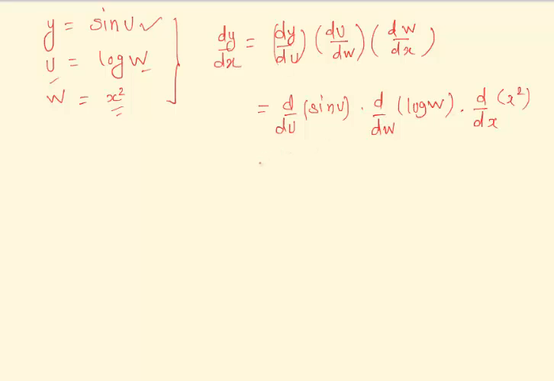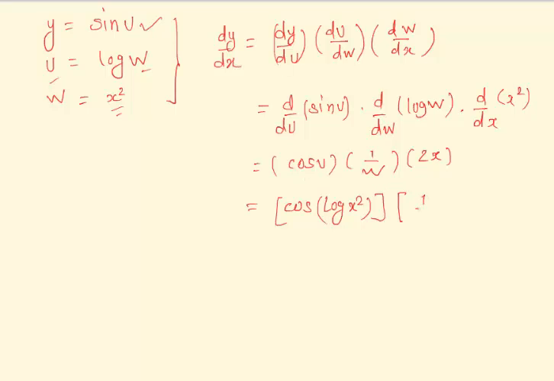So the differentiation will give you cos u, first term, second term will be 1 by w, and third term will be 2x. Let's substitute u and w in terms of x. U is log w, and w is x square. So you can write it as cos of log of x square into 1 by w, 1 by x square, into 2x.